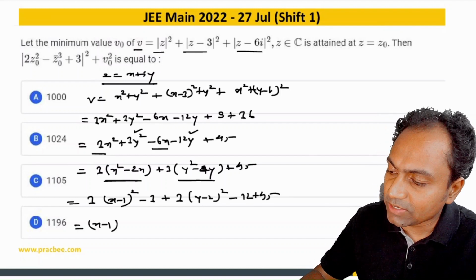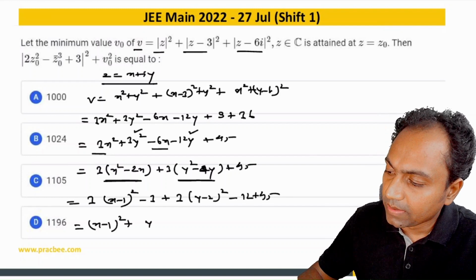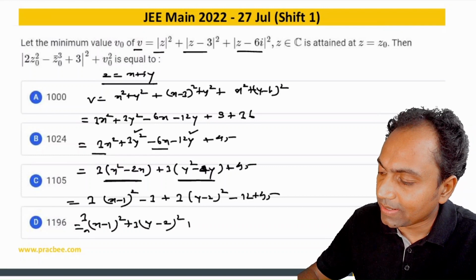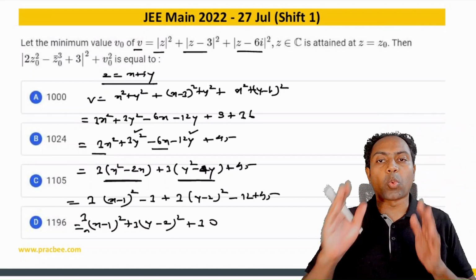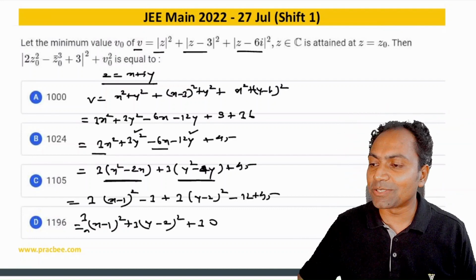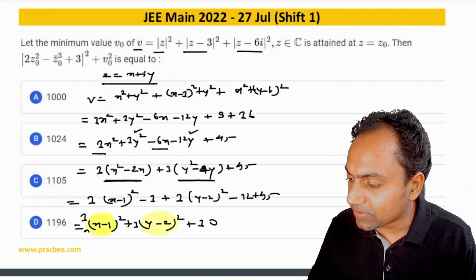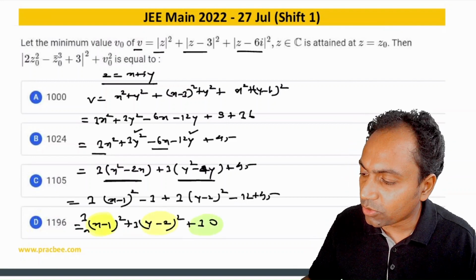What you are getting is 3(x−1)² + 3(y−2)² + 30. What they're asking is the minimum value of V. You can see that we have formed this perfect square only to get the minimum value. So this becomes 0, this becomes 0. The minimum value is going to be 30.